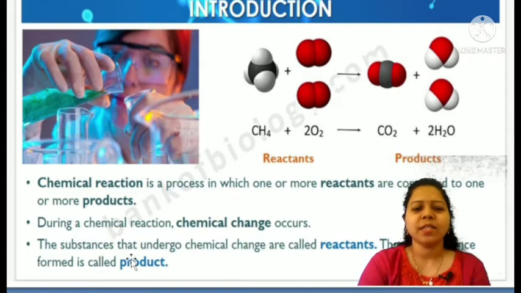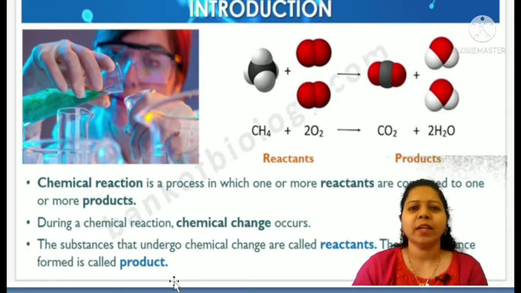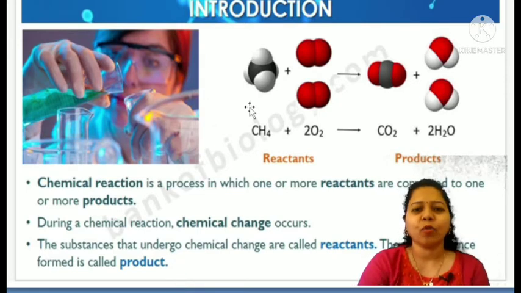The substances that undergo chemical change are called reactants, and the new substances formed are called products. We'll see that with the help of one example: methane when reacted with oxygen gives CO2 and H2O.